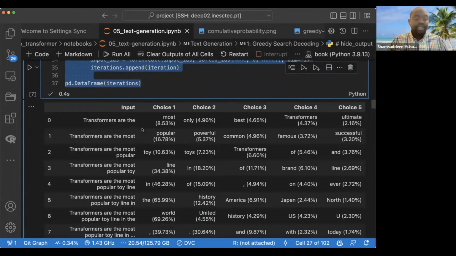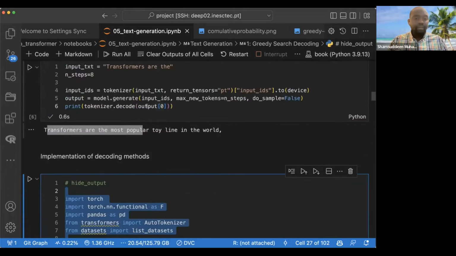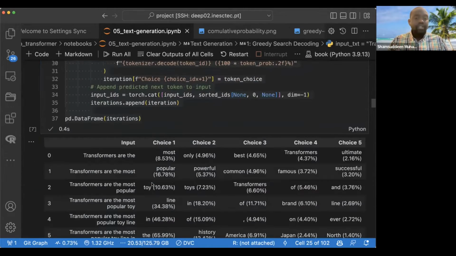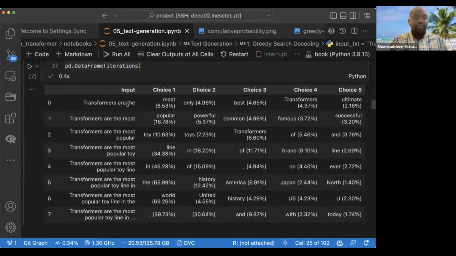So the same example I showed using the Hugging Face Transformers implementation, they show manually. Now this is the text, Transformers are the, and what is the most probable next token? We have most, only, and this is the choice, with this probability.